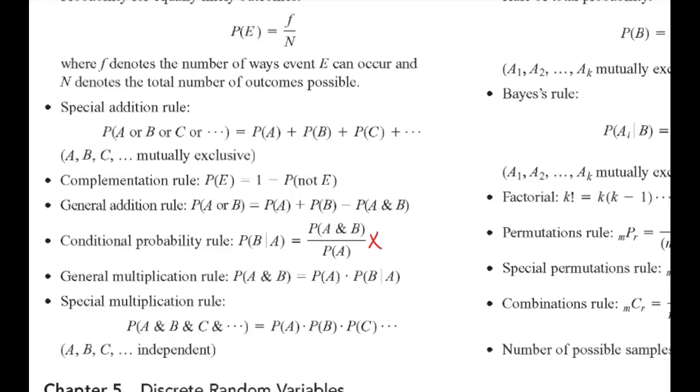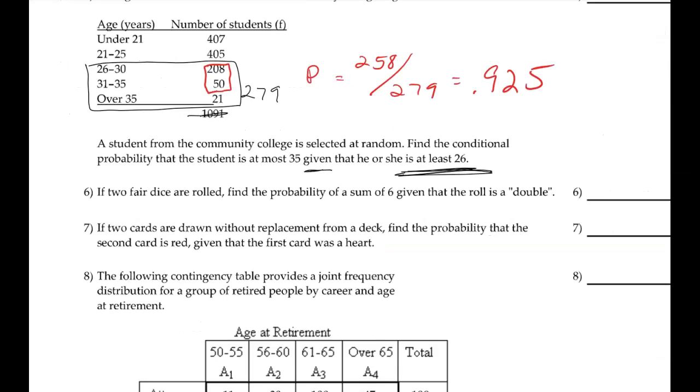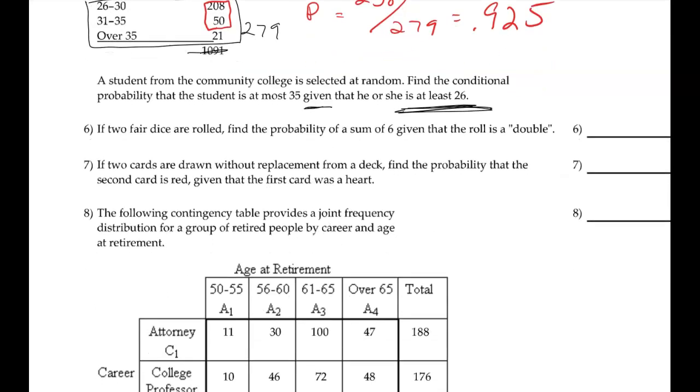And here is a formula for conditional, which works really well if you are given the actual probabilities and not the raw data. If you were given the probabilities, then you would use the probabilities that you were given and plug them into this formula to get your conditional. All right, let's move on.